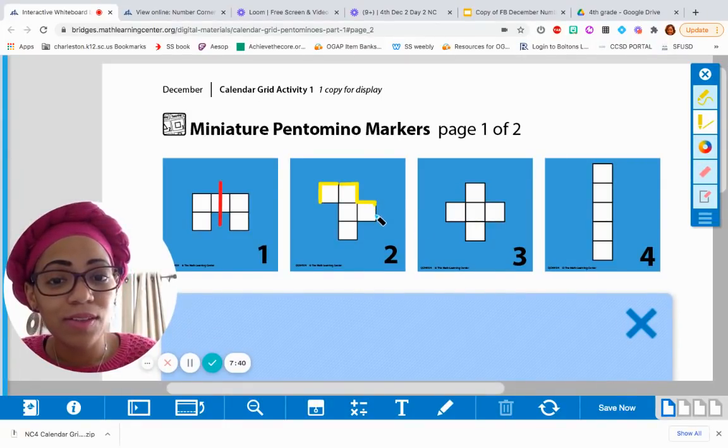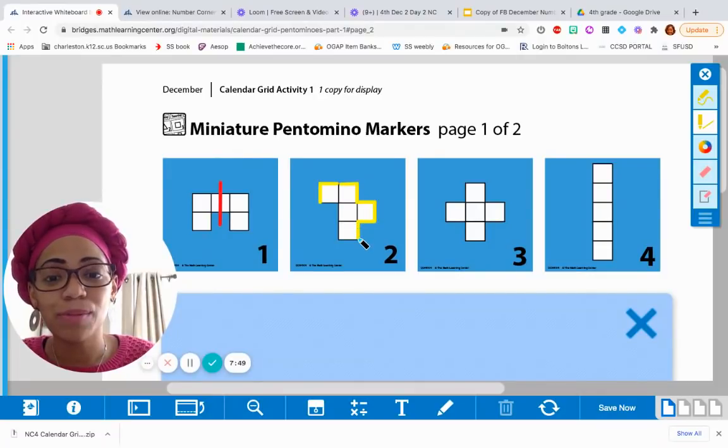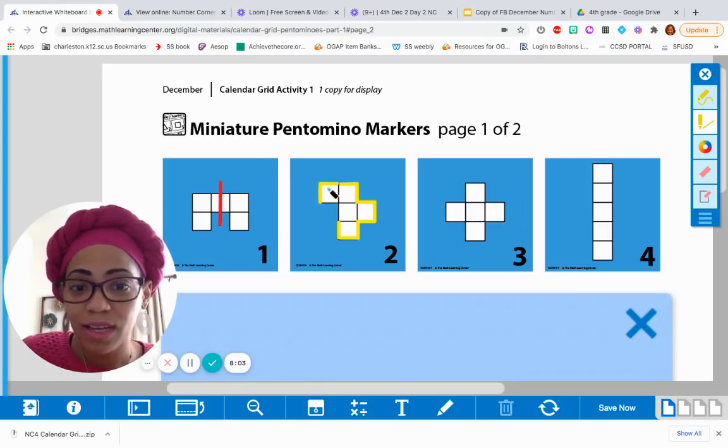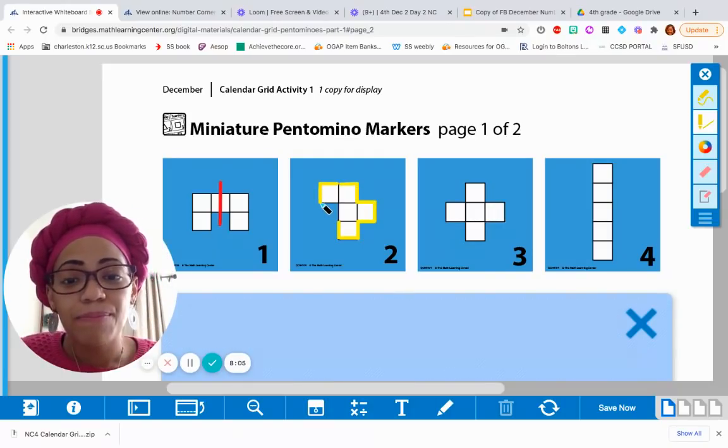Another perpendicular line is formed here. It looks like this whole shape is full of perpendicular lines. But do we have one here? We do. Because here's our right angle, right angle, right angle. We have lots of perpendicular lines in this shape.